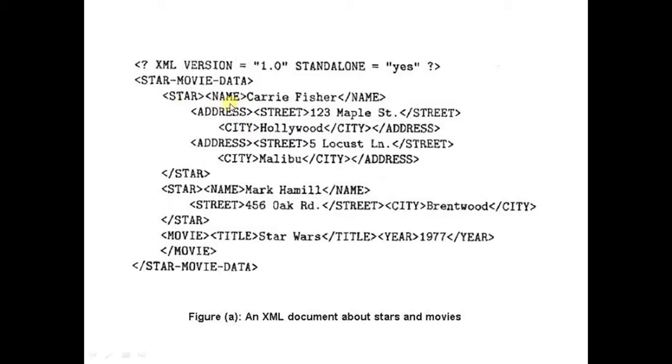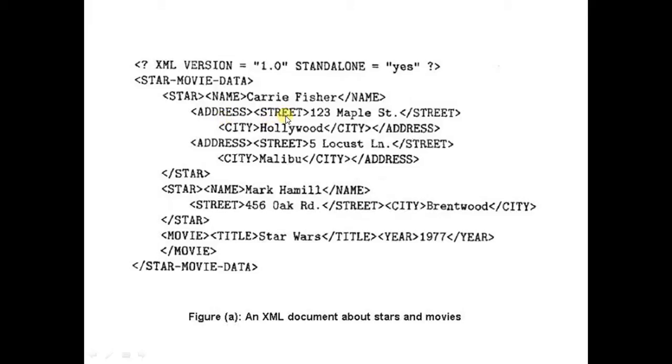Why? Because if you see, the data between these name tags is the unstructured part, but the tags are providing some sort of information. Here, the tag name is providing information that Carrie Fisher is the name.